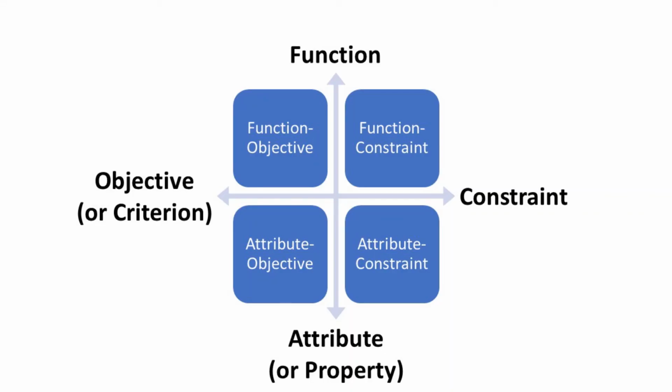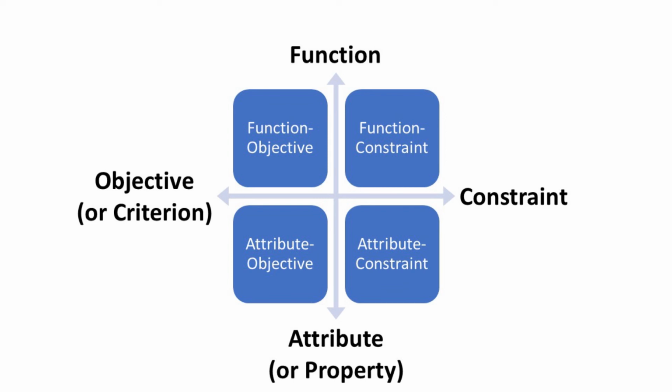So with the usual caveat about how much the terminology and classifications can vary, here is a typical breakdown that we'll use to introduce these typical categories. We can think of two different dichotomies in how we classify requirements: functions versus attributes, and objectives versus constraints.